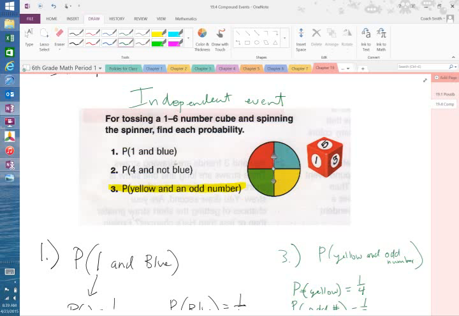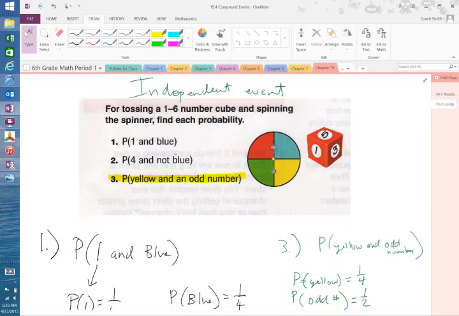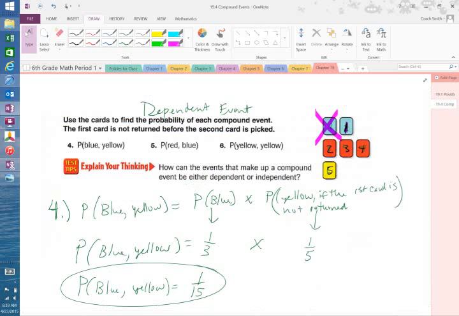In this case, it's a dependent event. So I'm going to reach into this box, pull out a card, and keep it. Then I'm going to reach into the box and pull out another card. And then I'm going to look at the two and see if I got the blue card and then the yellow card.